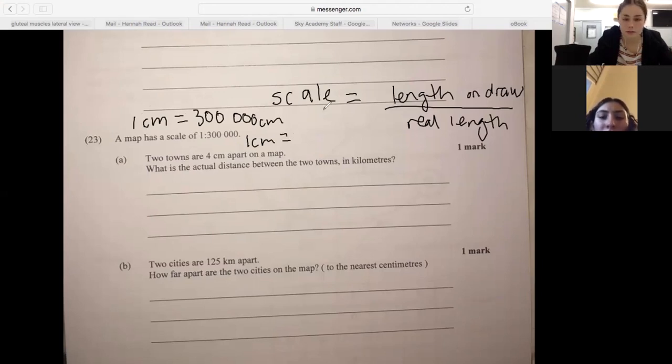Would it be 3 kilometers, I think? And so you could do, wait. Okay.